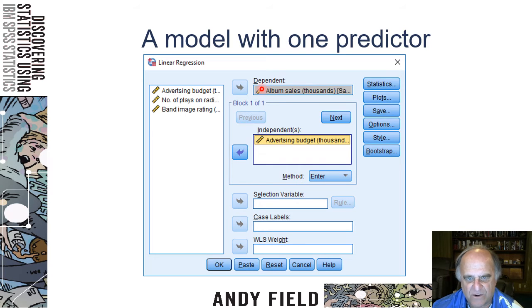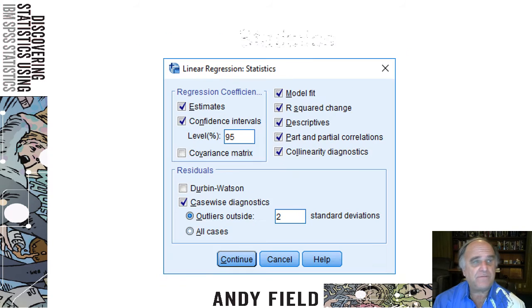So that's what that little ruler is telling you. It's important that you make sure that all your values are set correctly in SPSS. So we have one predictor, dependent variable album sales, independent variable advertising budget.